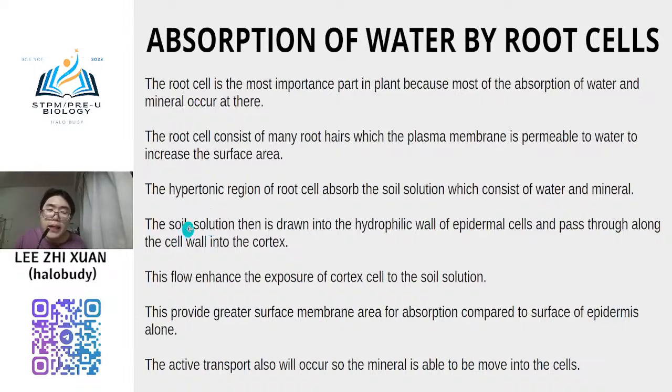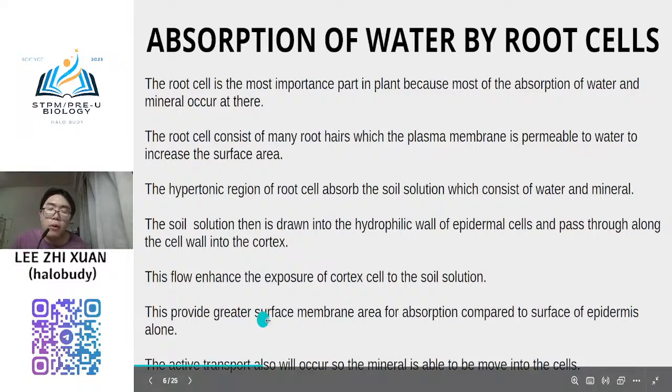This will ensure that the soil solution, including water and mineral ions, enters the root cell, the epidermal cell, and then passes along the cell wall into the cortex. This flow enhances the exposure of cortex cells to the soil solution and provides a greater surface membrane area for absorption compared to the epidermis alone.